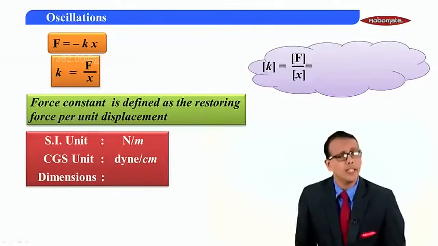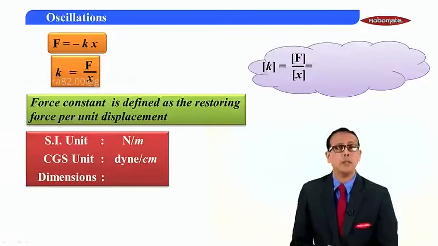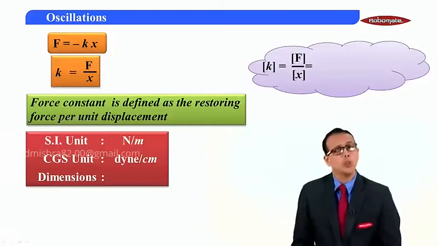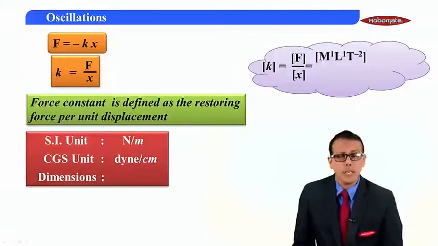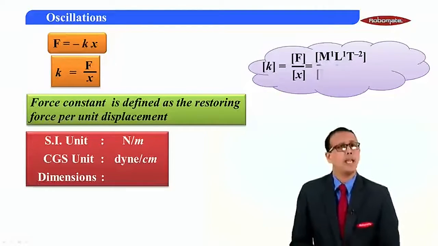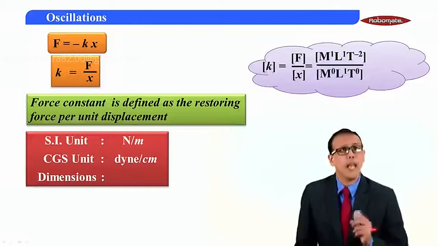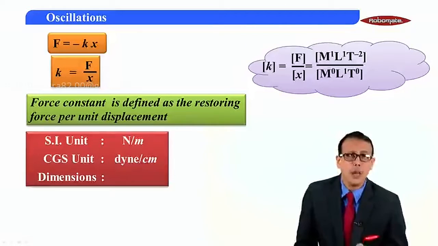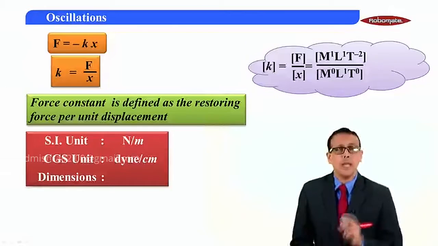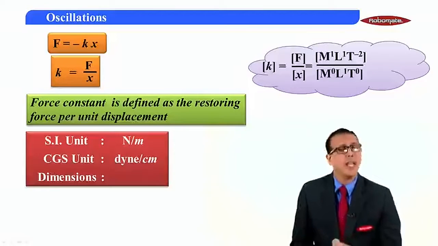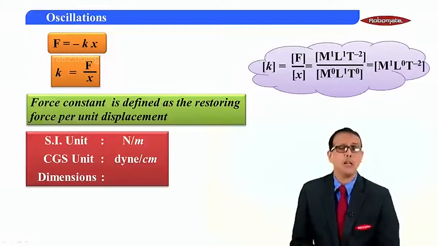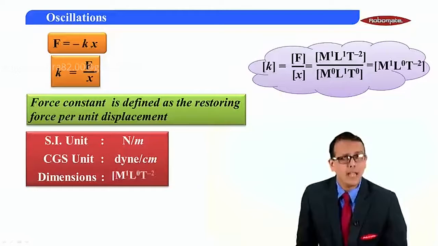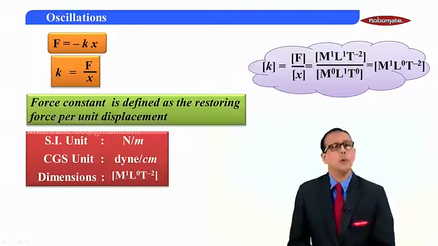Students, we have already studied in the 11th standard measurement chapter the dimensions of force. The dimensions of force are M raised to 1, L raised to 1 and T raised to minus 2, and the dimensions of displacement are M raised to 0, L raised to 1 and T raised to 0. The dimensions of L cancel, and hence the dimensions of k are M raised to 1, L raised to 0 and T raised to minus 2.